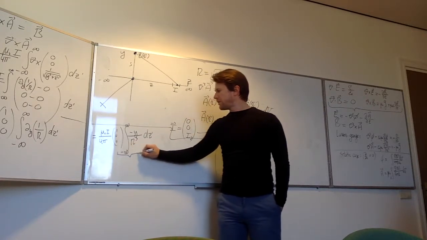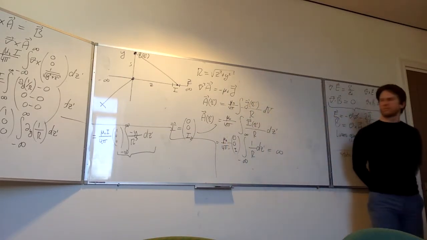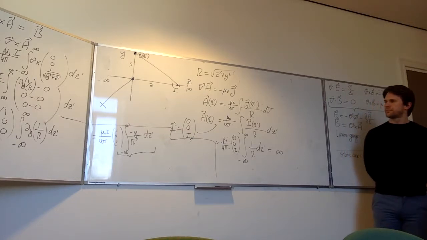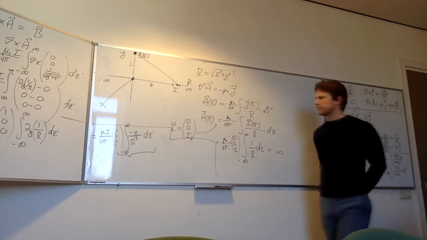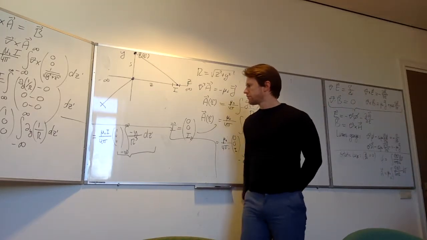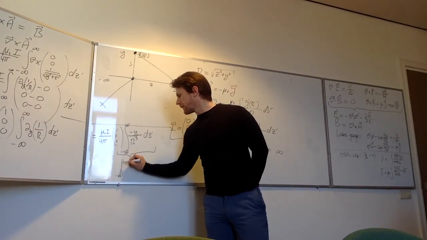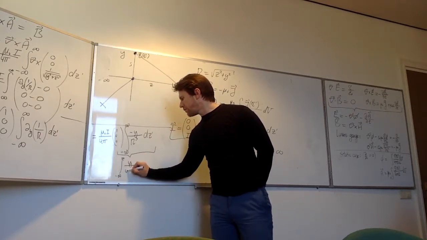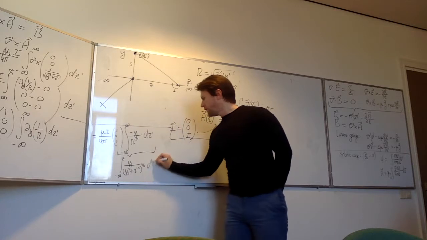Then we have to know what this means. Put back in what r was. r was y squared plus z prime squared to the power 3 over 2, dz.